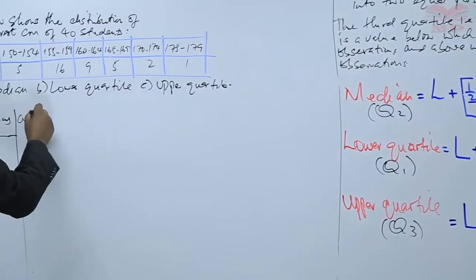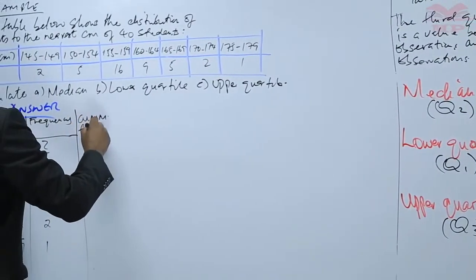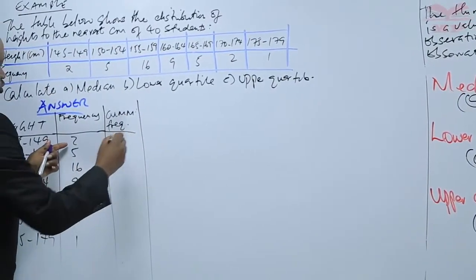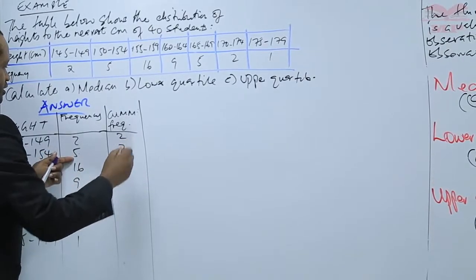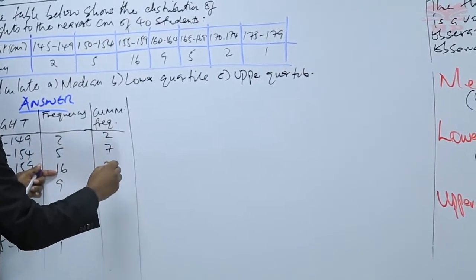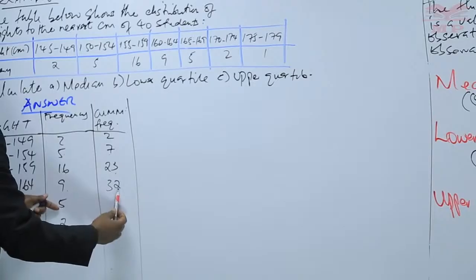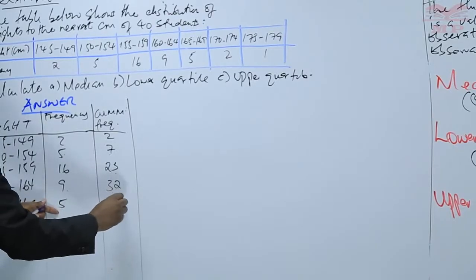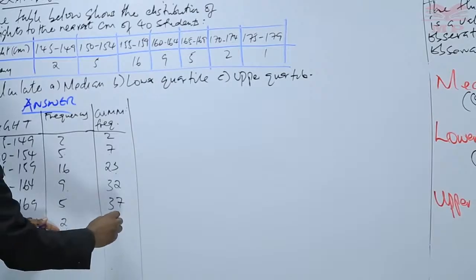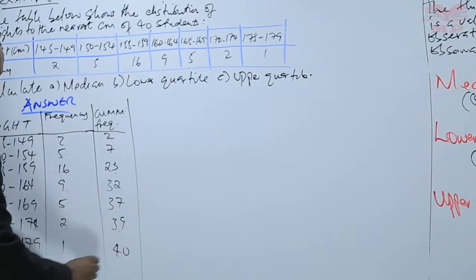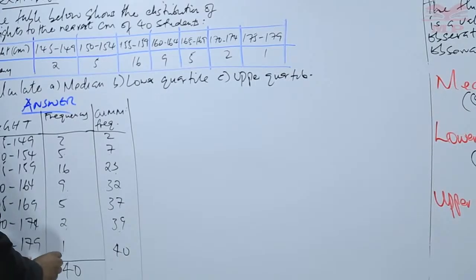This is the cumulative frequency: 2 plus 5 is 7, 7 plus 16 is 23, 23 plus 9 is 32, 32 plus 5 is 37, 37 plus 2 is 39, 39 plus 1 is 40. And we saw that the total number of students is 40. So the total frequency is 40.